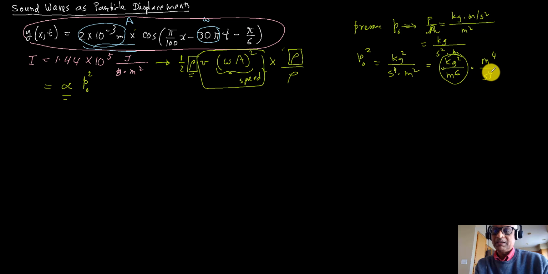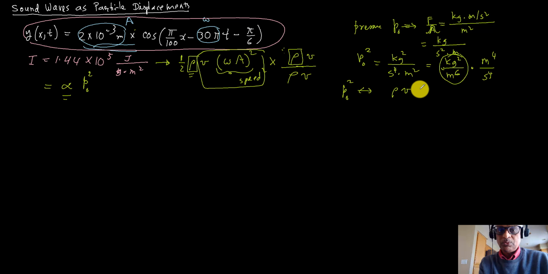So I need to convert that into this meter. This is only for the V, and multiplied by V, I can convert the whole thing. So P0 squared will have the same unit as rho V omega A squared.